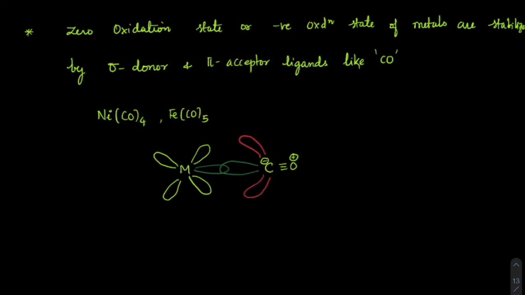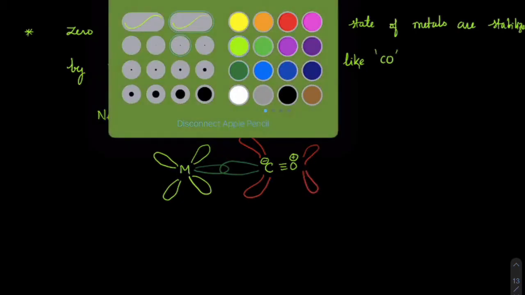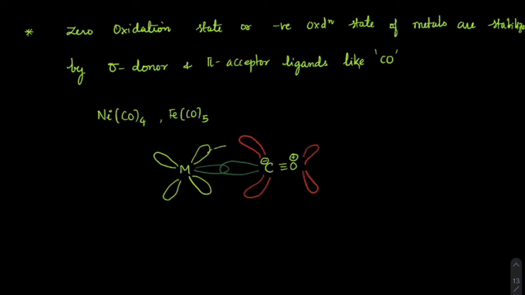What we usually observe is that electrons from the metal keep migrating to these pi star orbitals. So this is a pi bond formed between the metal and the pi star orbital of carbon, and then there is a sigma bond formation here. This type of bonding is called synergic effect or synergic bonding.